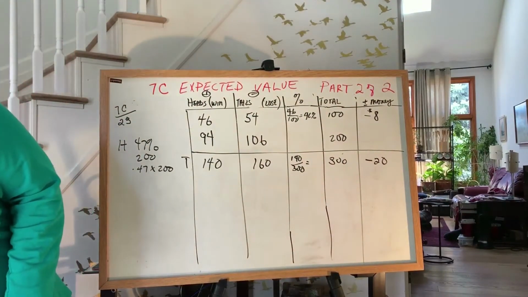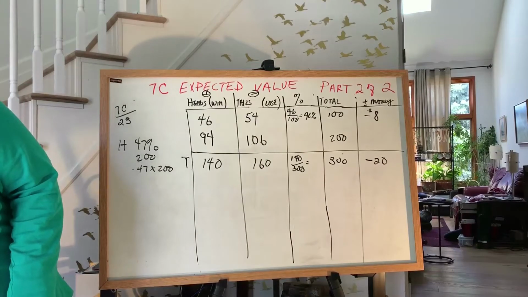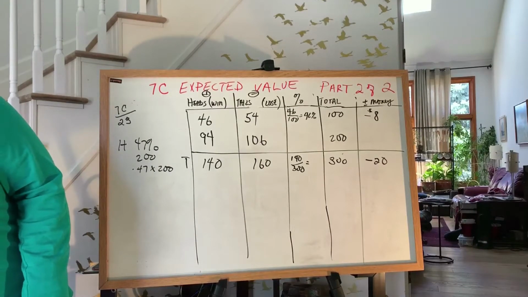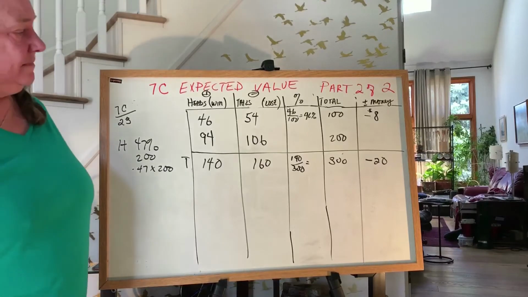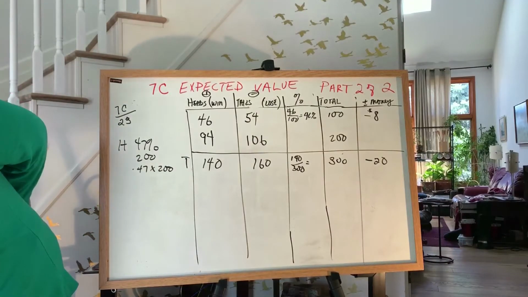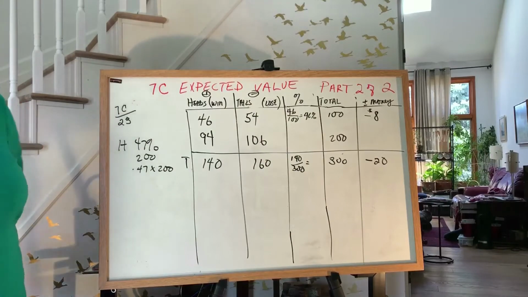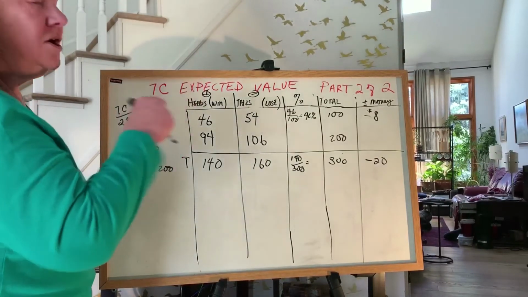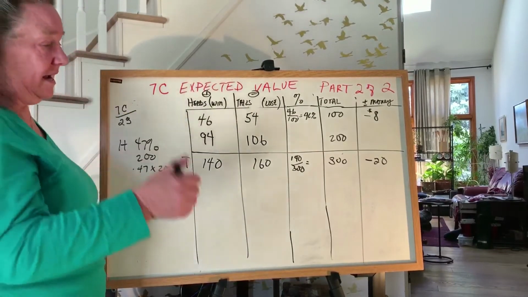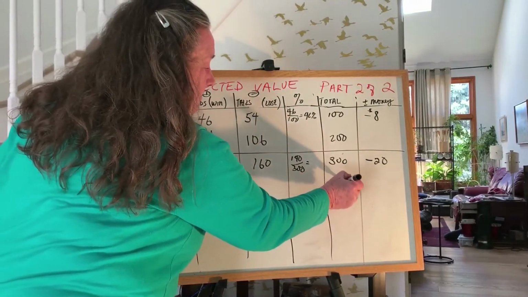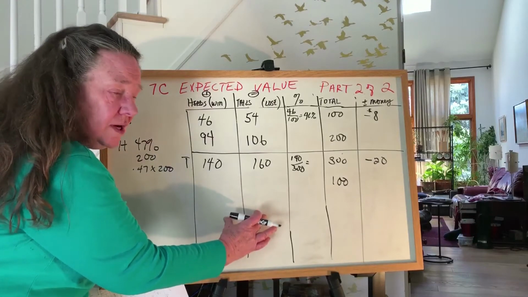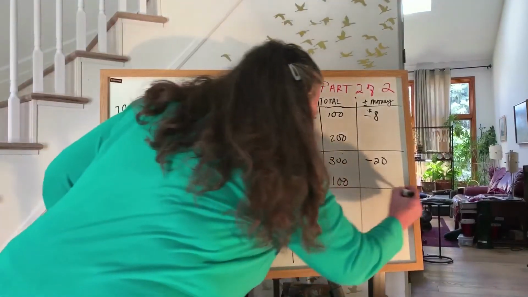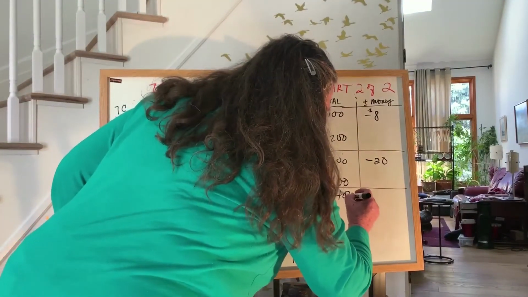Okay. The C problem says, how many heads would you need in the next 100 tosses in order to break even at 400, okay? So we're going to toss 100 more times, okay? And what we want is these two to be even at that 400.